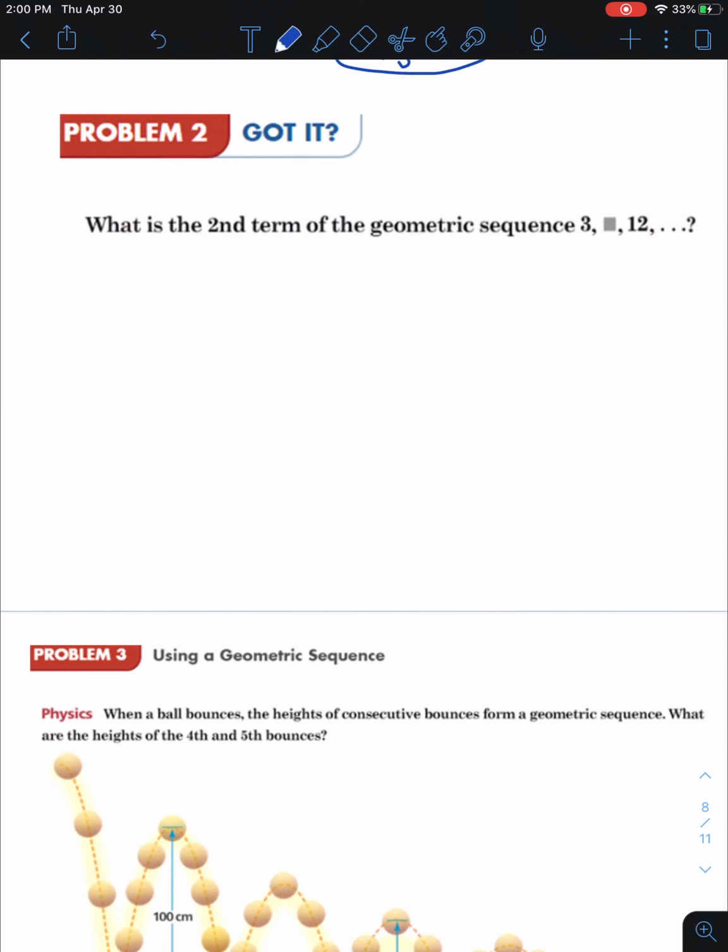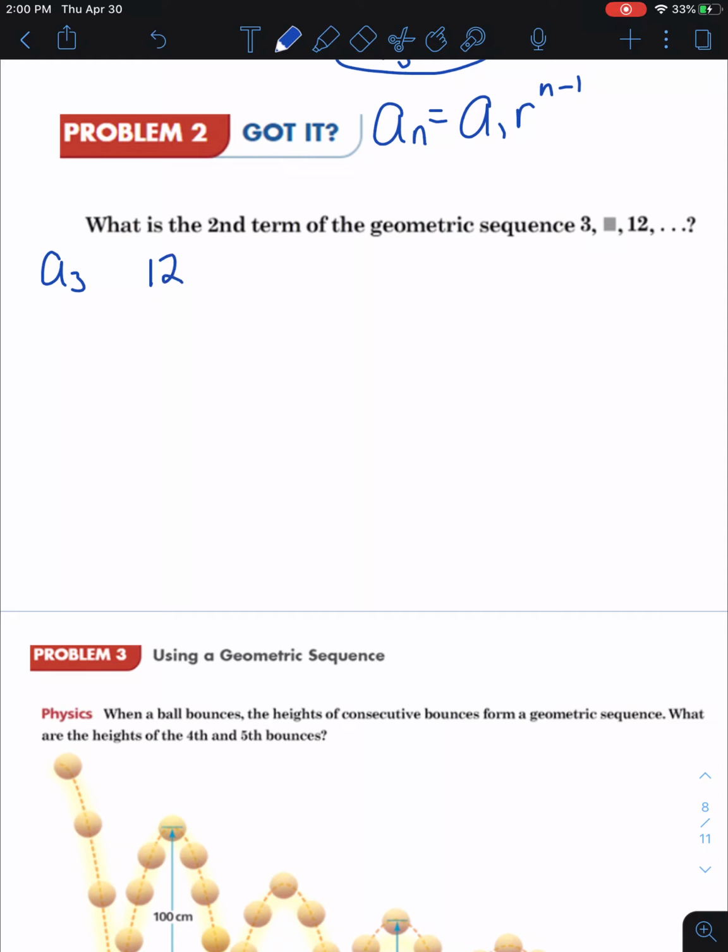Let's move on. What's the second term of the geometric sequence? All right, so I'm looking at this one. I could do the exact same thing. I can say that using again a sub n equals a sub 1 times r to the n minus 1 power. Okay, and again, don't use the first term, but let's find r by the third term. So let's go with a sub 3.